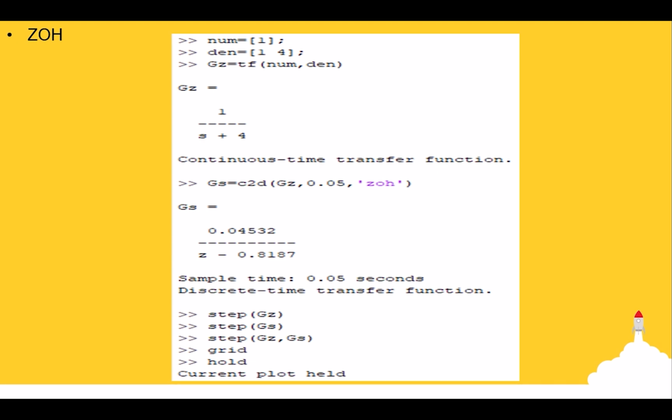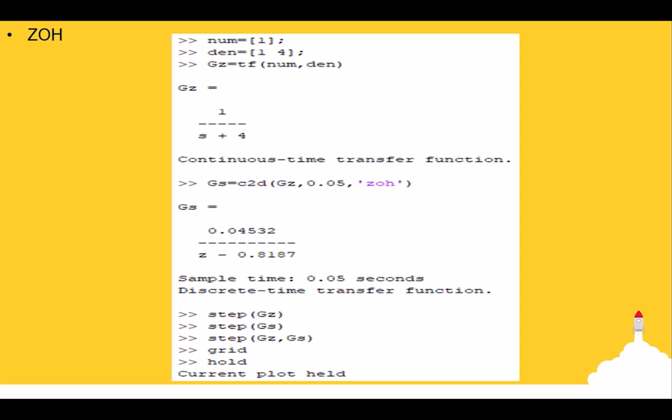And then we need to generate Gz, which is Gz equal to c2d. c2d stands for convert model from continuous to discrete time. And then we put 0.05 for sample time and ZOH for zero order hold.